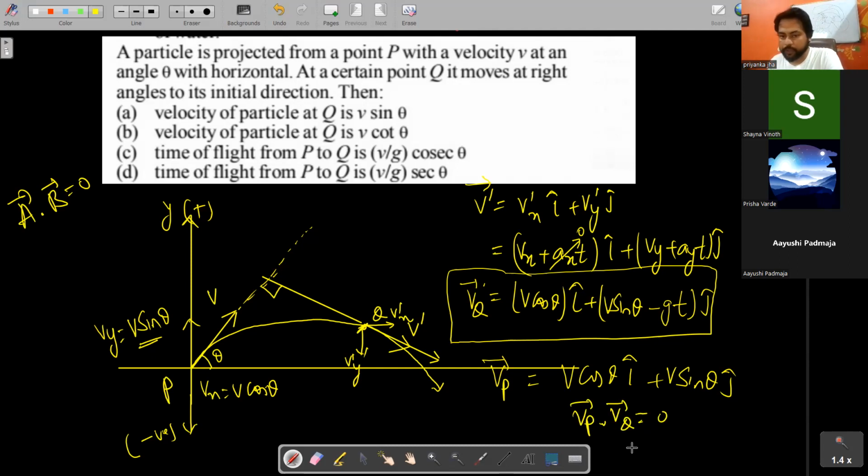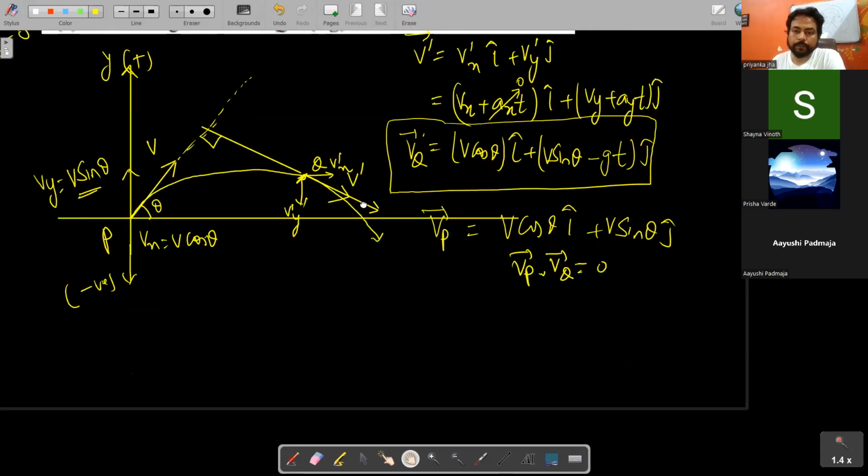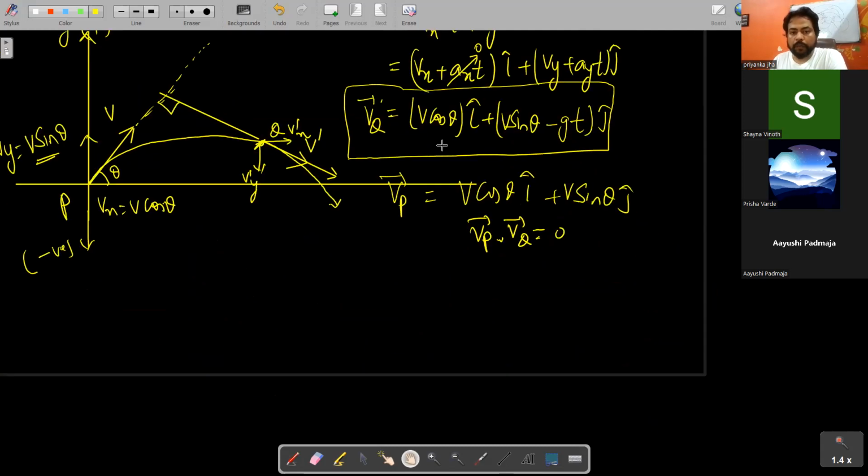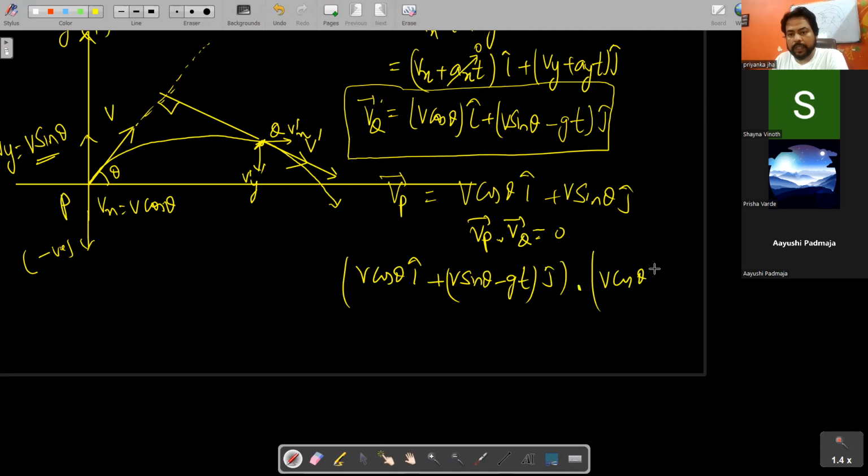Take (V cos theta i plus (V sin theta minus gt) j) dot (V cos theta i plus V sin theta j) equal to 0.